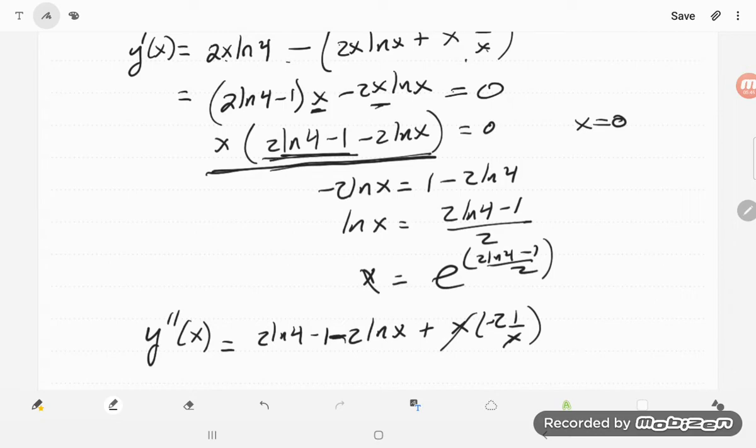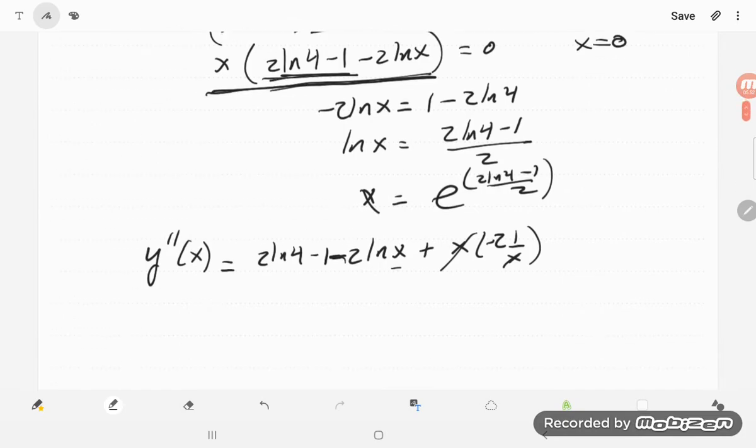Now, again, things are not defined at x equals 0, but we've got a natural log here and so forth. So that was a minus 2. There's a minus 1. So it looks like y double prime is 2 natural log of 4 minus 3 minus 2 log x. Okay. Now, when could this be 0?